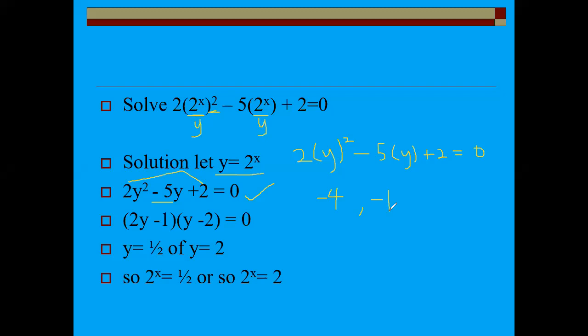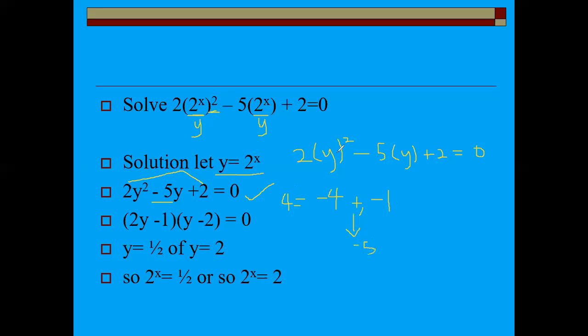For negative 4 and negative 1, when we multiply, will give us positive 4, but when we add them, we'll get negative 5.